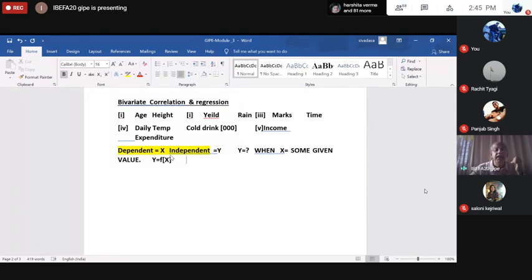Now let me consider one example to explain the introduction of correlation regression. Cold drink sold in thousands denoted by Y. Sorry, dependent variable, other way.